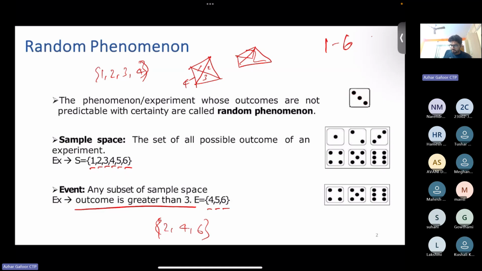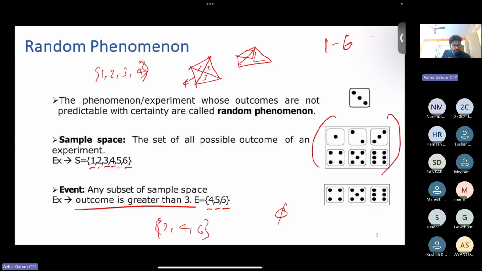Let's say someone wants an outcome that is greater than 6 when we are rolling a die with 6 faces. In that case, the subset of the sample space will be null, because there are no elements in such an experiment where we get 7 or 8 as an output when the die has only 1 to 6.